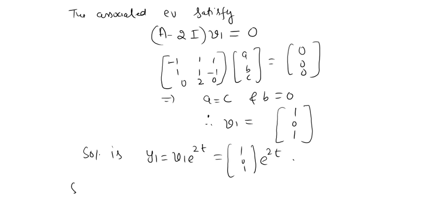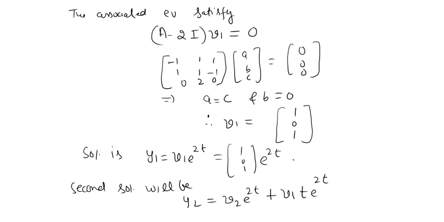And the second solution will be of the form y2 equal to v2 e^(2t) plus v1 times t e^(2t). And what is v2 here? You find v2 from v1, so (A minus 2I) v2 equals v1.